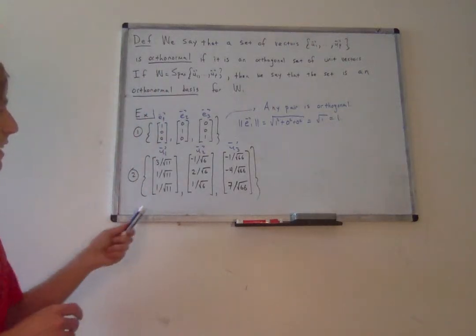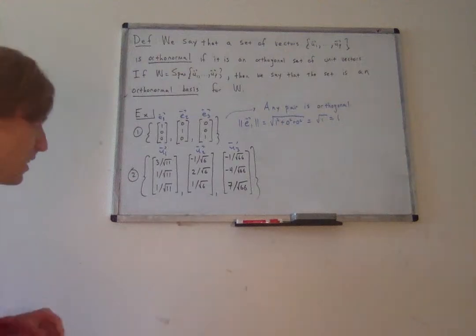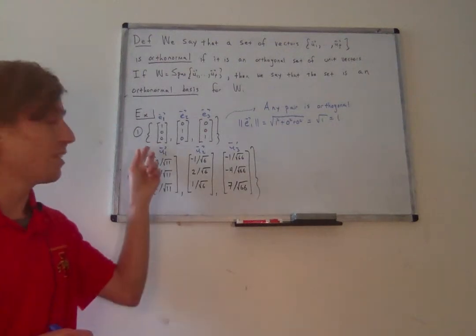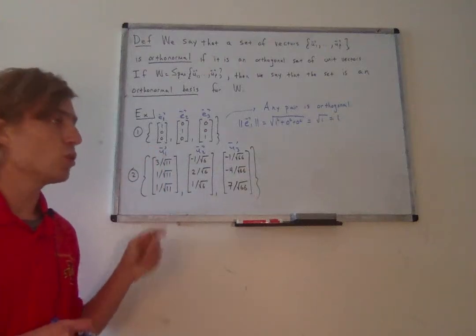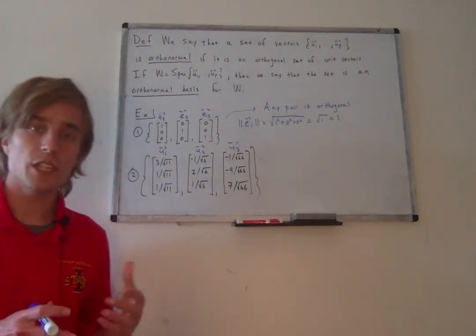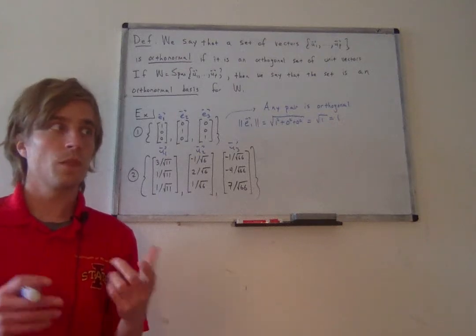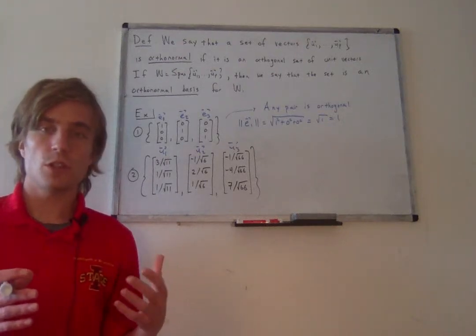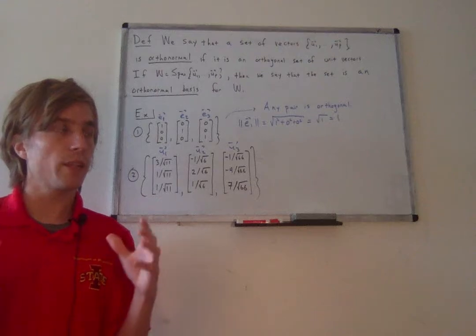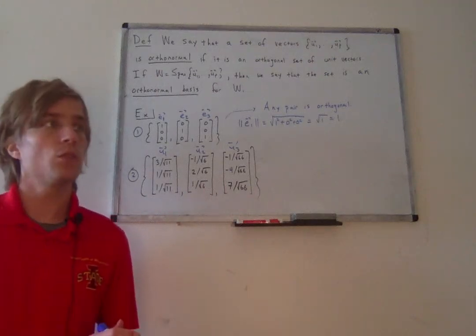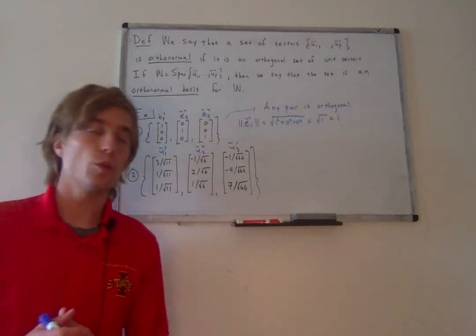So this is an orthonormal basis, and most orthonormal bases are going to look like this and not like that. Eventually, as we'll see in what we'll learn later this chapter called the Gram-Schmidt process, we'll take a basis and transform it into an orthogonal or even an orthonormal basis.